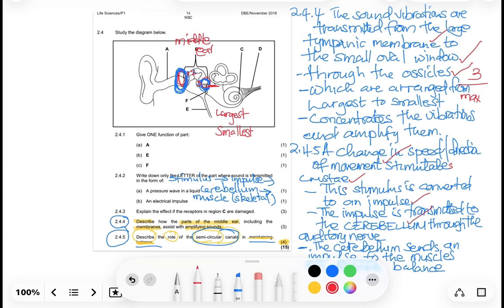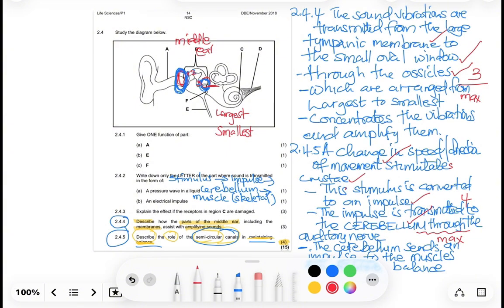The cerebellum, that's a marking point. So it is worth 4 marks. The examiner would stop marking here and say max. Give you your 4 marks here, and then it says max there.